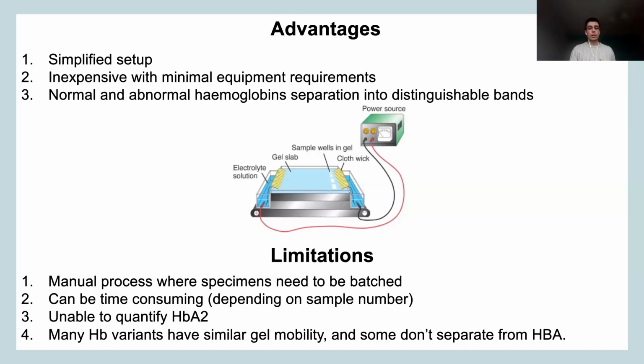Obviously, some will be more prevalent in some areas than others, but they might have quite similar gel mobility or electrophoretic separations. So some of them might even run within hemoglobin A2. So it's not going to be as reliable for a lot of hemoglobin variants.